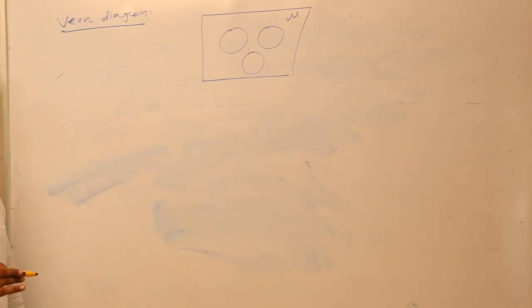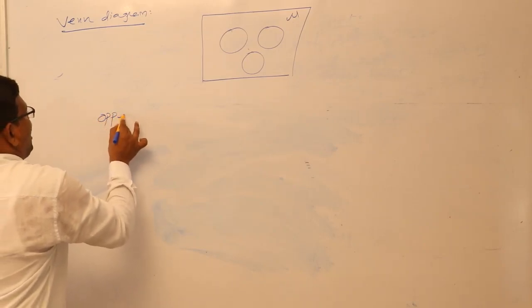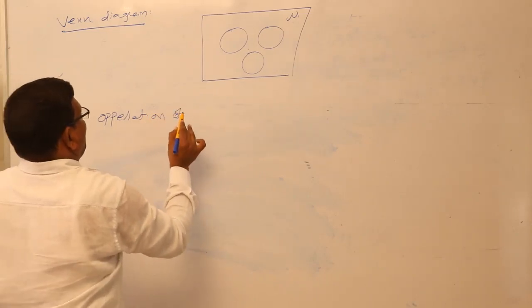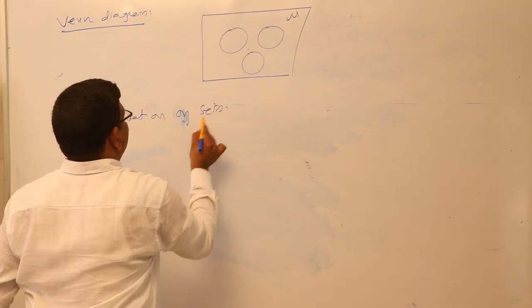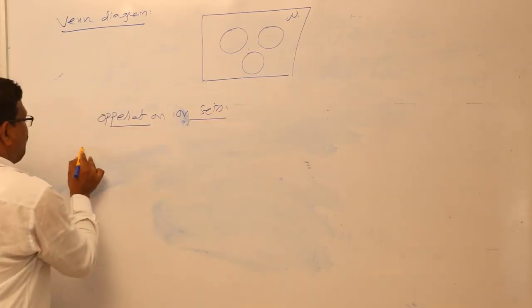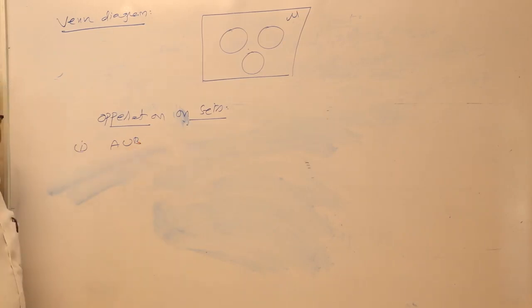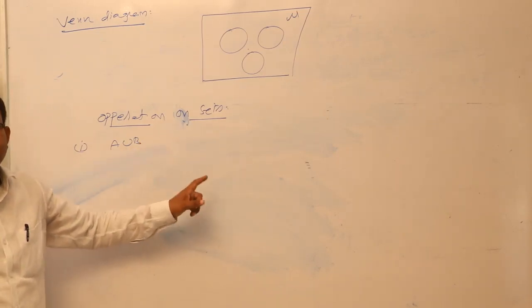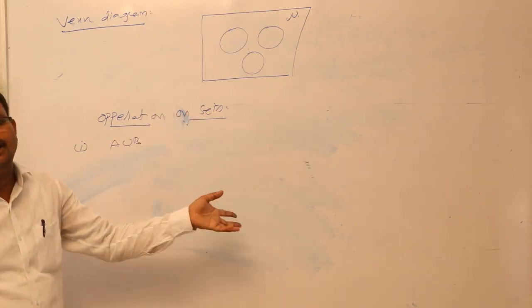Next, what are the operations on sets? First one is A union B. A union B is defined as a set having the elements which are in A or B or both.